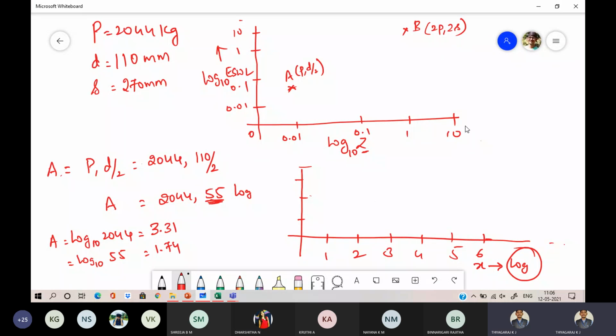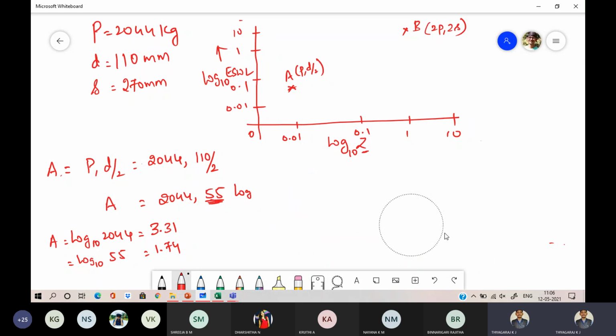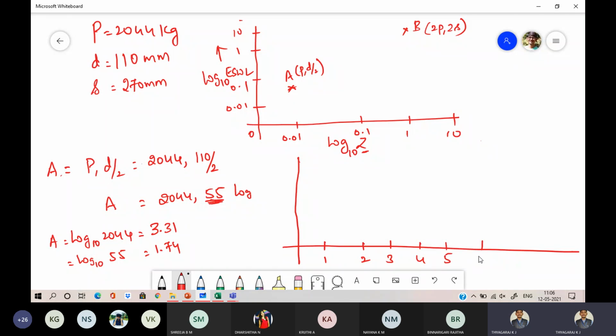I will erase this graph and plot it very clearly. Now you consider here, take 1, 2, 3, 4, 5, 6, 7, 8, 9. This will be the z value in terms of log, or we can call it z only.